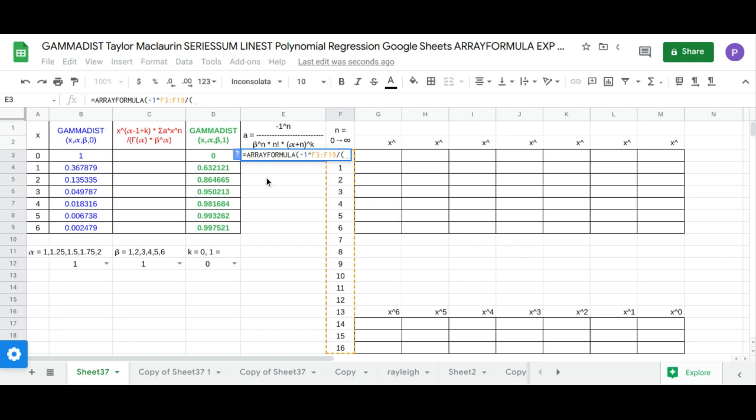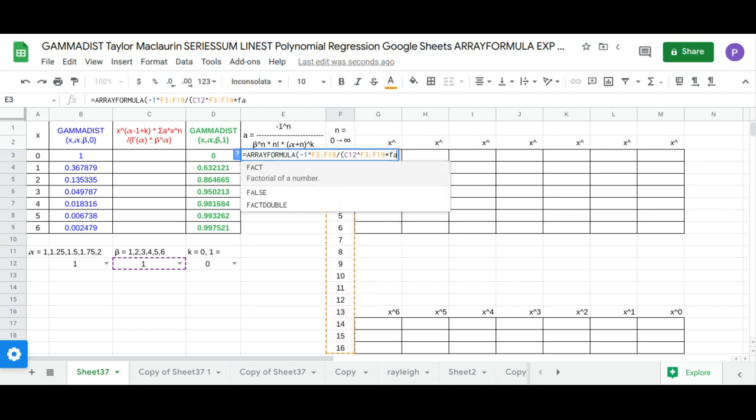The first part, beta raised to the power n. The second part, times factorial n.